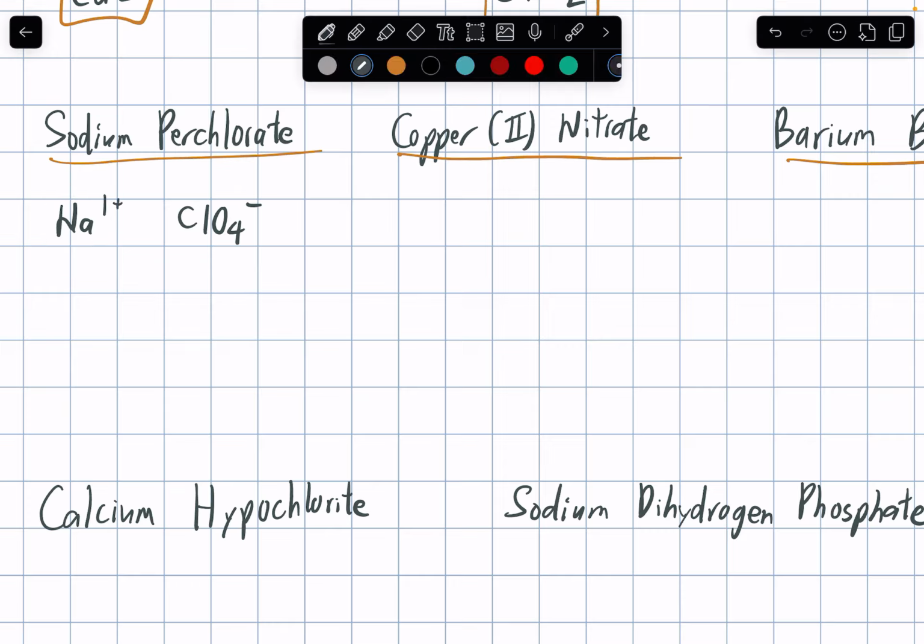Ionic charge is +1. So if we merge sodium and perchlorate together, that's going to be the result. Let me confirm if the answer is correct. Yeah, that's correct.